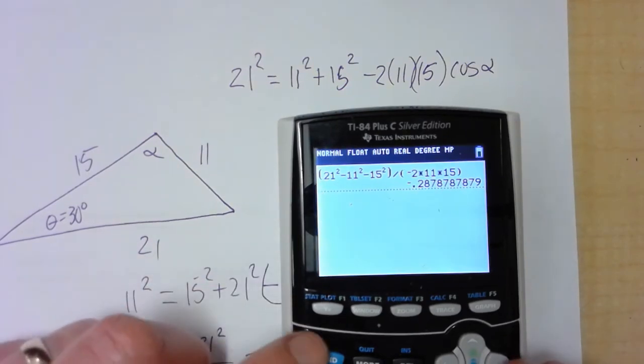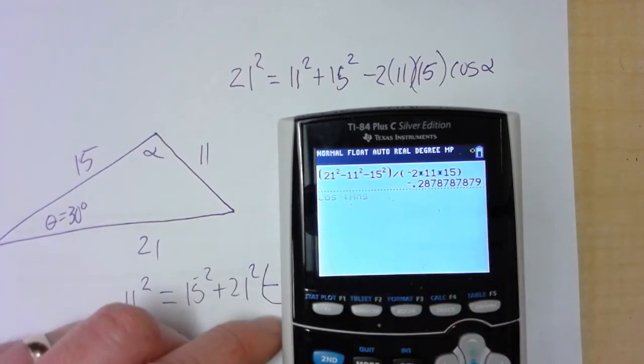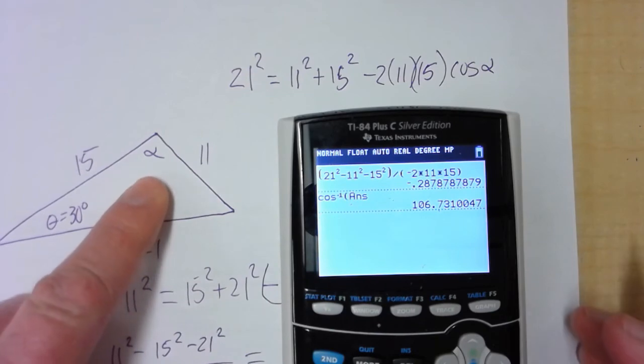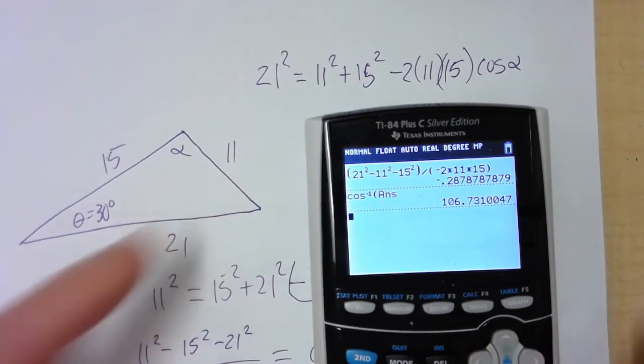So I hit second inverse cosine, and then second answer. That copied and pasted that in there. And it's 106 degrees, which is what we figured out the other day in the other video. So it didn't tell me that it was 76 degrees.